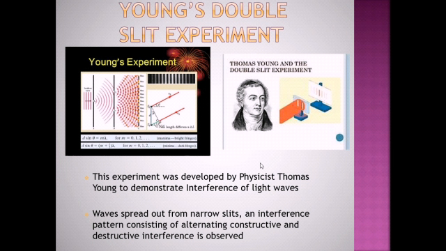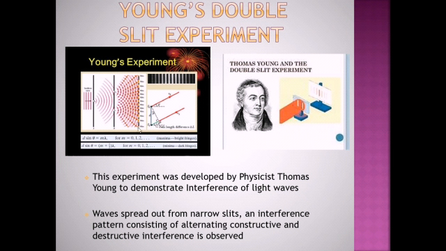Young's double slit experiment. This experiment was developed by physicist Thomas Young to demonstrate interference of light waves. See here again the path difference, d sine theta, where d is the distance between two slits. Waves spreading out from narrow slits produce an interference pattern consisting of alternating constructive and destructive interference.